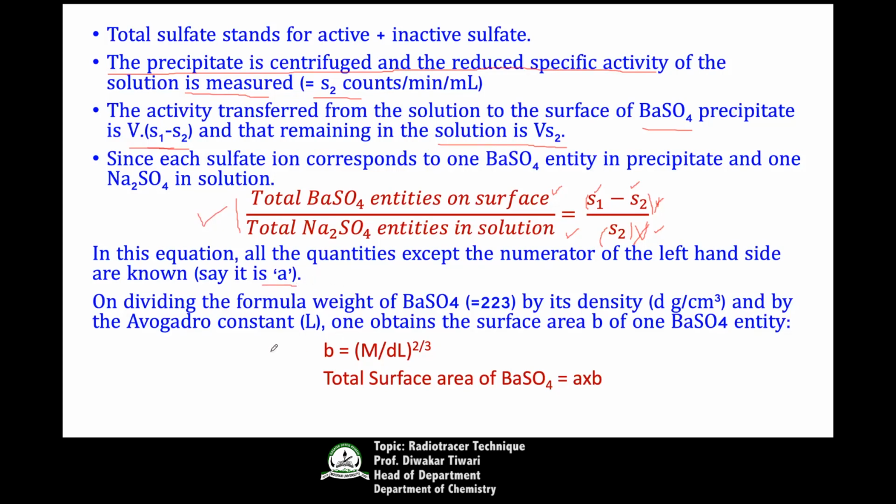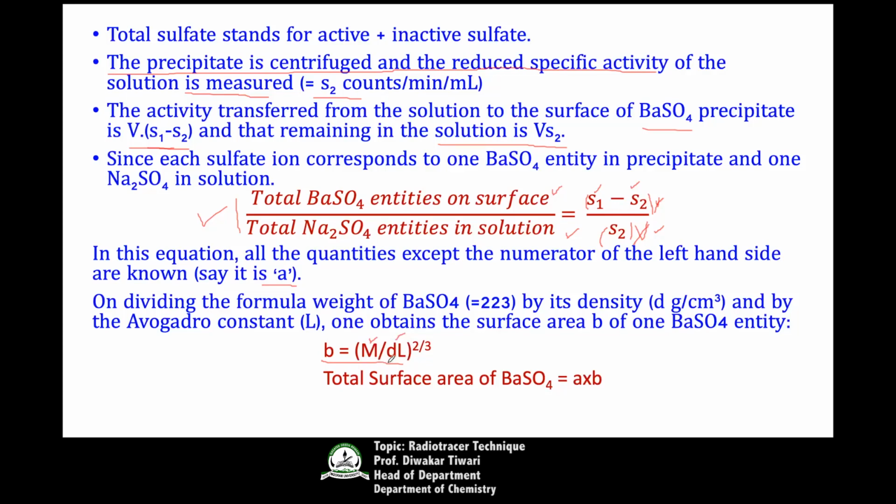Now the total barium sulfate entities on the surface is known, and the surface area of one barium sulfate entity can be obtained with the help of the equation B equals (M divided by D into L) to the power 2/3, where M is the molecular weight of barium sulfate, equal to 223, D is the density of barium sulfate, and L is the Avogadro number.